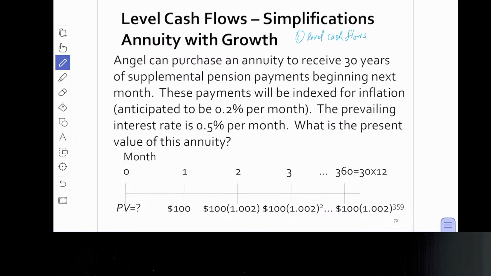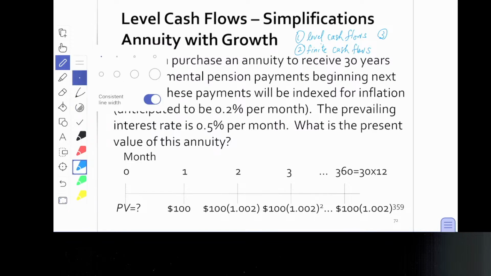One was level cash flows, right? They have to be the same. 2 was finite cash flows. And 3 was first cash flow 1 period from today.